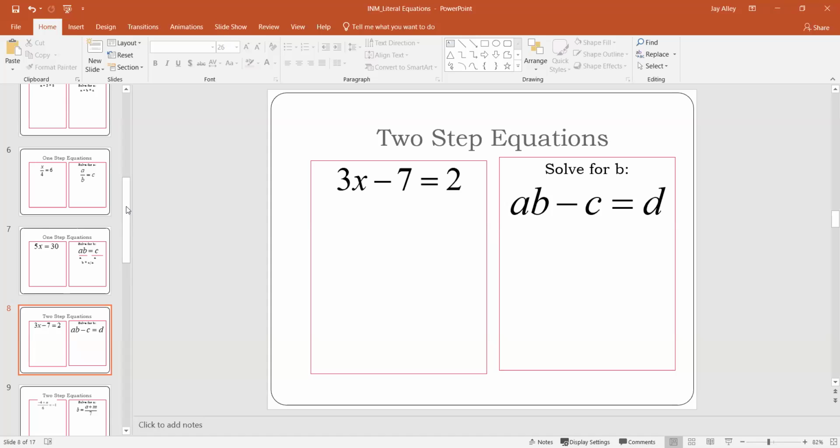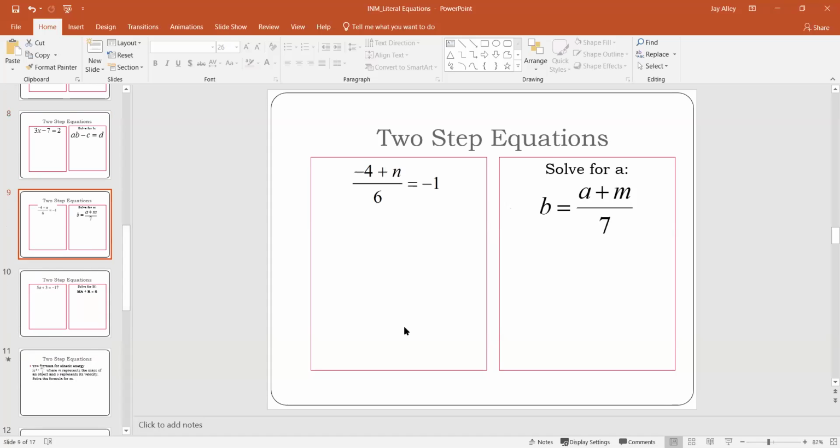See if we got another one. Oh, yeah. Lots of fun here. Solving for A on the right. That's in a quantity. That's in A plus M. It's also part of a complex fraction. Well, the N on the left is tied up in a complex fraction also. And our first step for both of these is going to be the same.